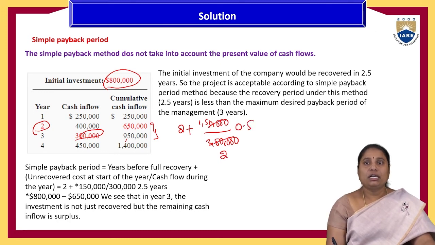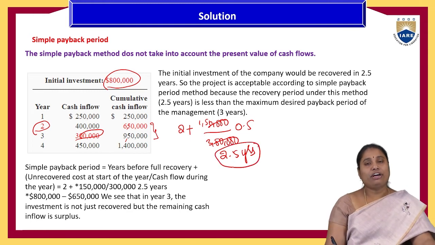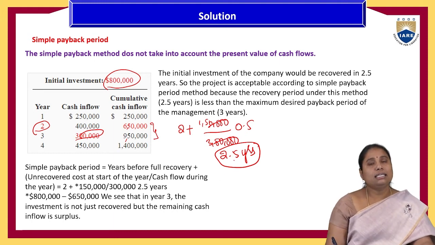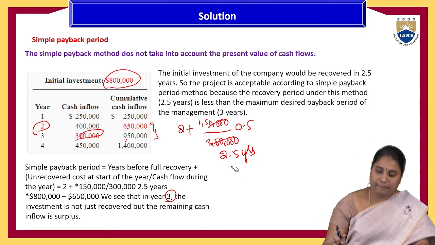That is 0.5, so 2.5 years. So as per the simple payback period, it is better to accept the project, because the desired payback period is 3 years, but within 2.5 years they fully recover the investment. So as per the simple payback period, this project has to be accepted.